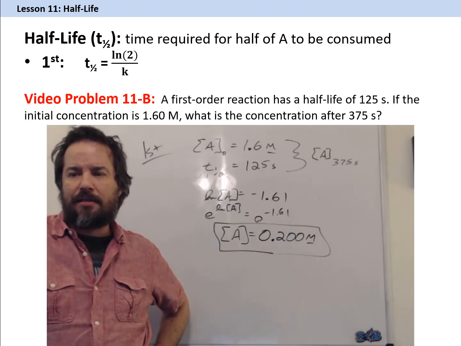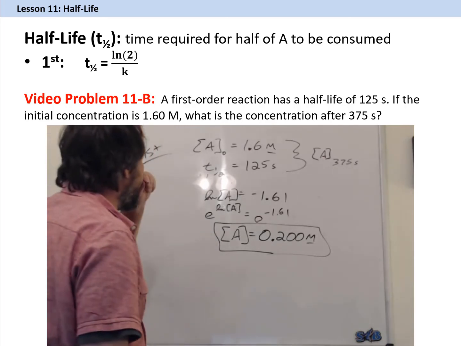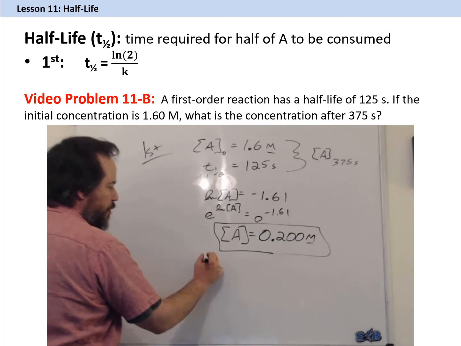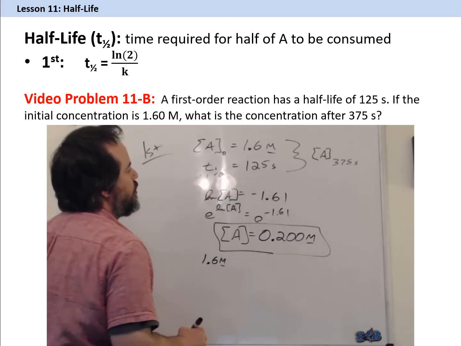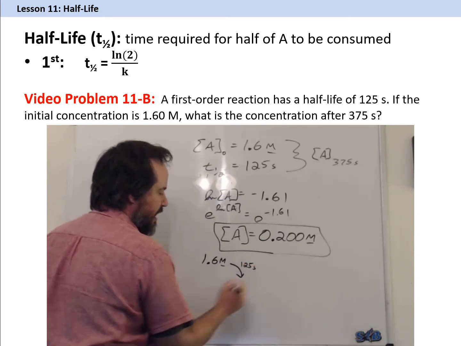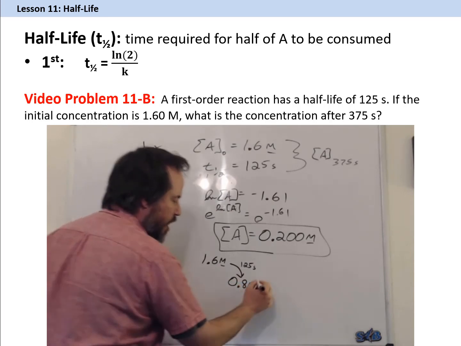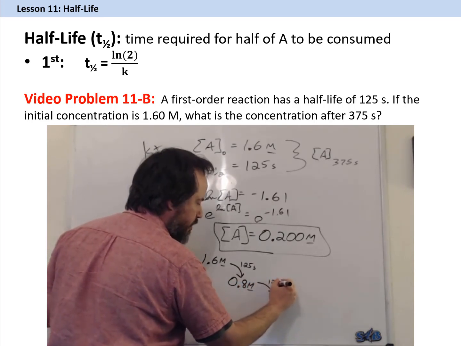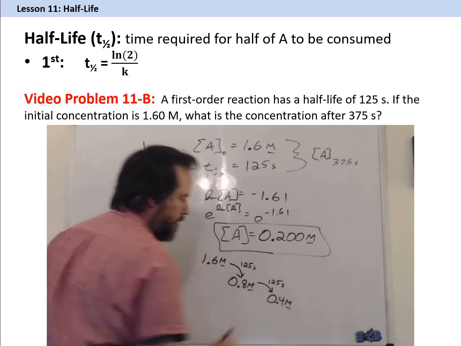Now notice, there's something else I could do. If I start off with 1.6 molar, the half-life's 125 seconds. So after 125 seconds, I'd end up with 0.8 molar. After 125 seconds more, I'd end up with 0.4 molar.